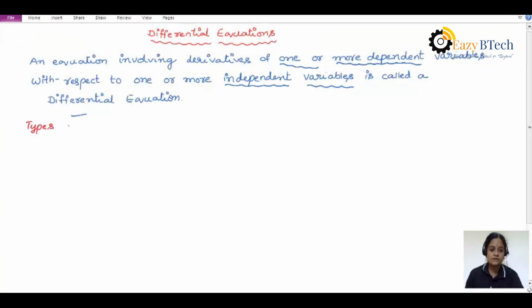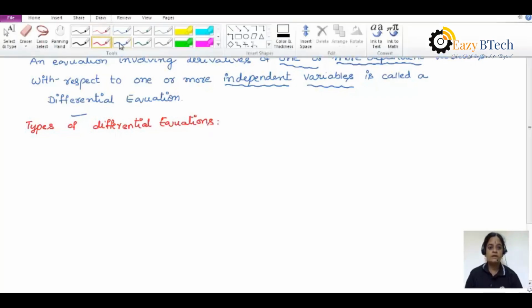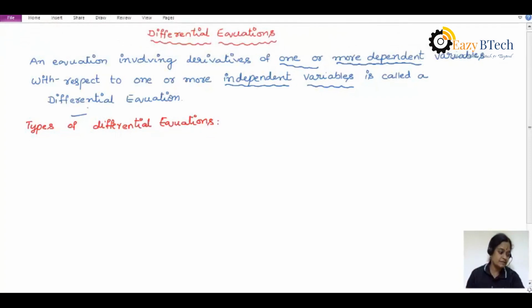Types of differential equations. Okay students, in general we have two types of differential equations.